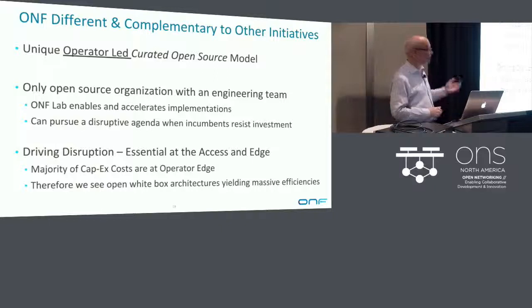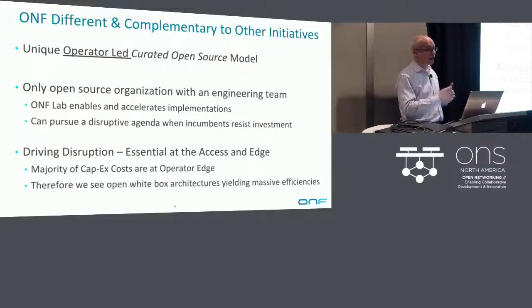In order to execute on that strategy, we found that we really needed an engineering team. And again, we're really unique here, in that we're the only open source organization with a team. The ONF has about 30 employees in total. I think 27 of them are engineers, a number you'll hear from today. And the ONF lab really ensures that we're able to pursue our agenda and drive disruption and not rely just on the community as a whole to provide contributions.